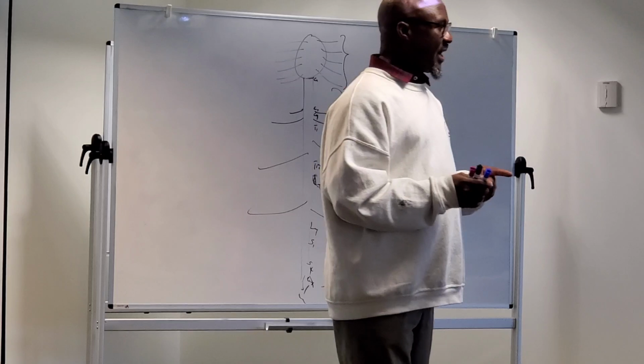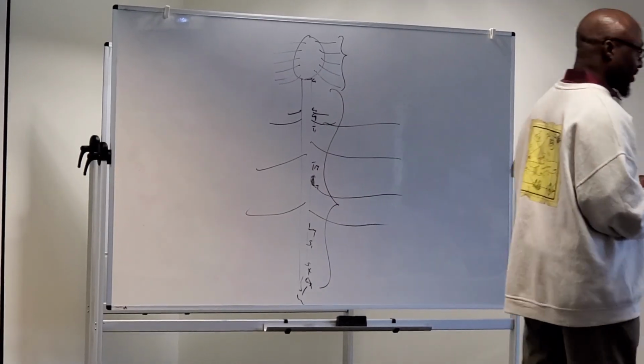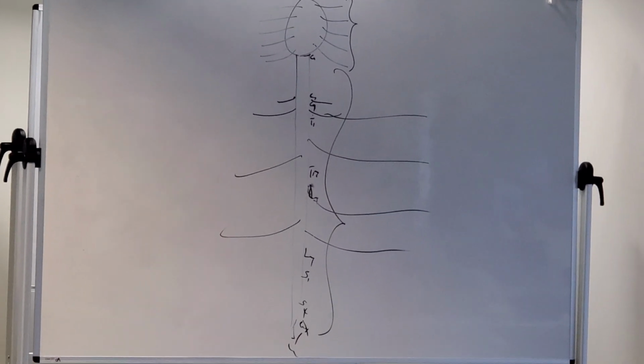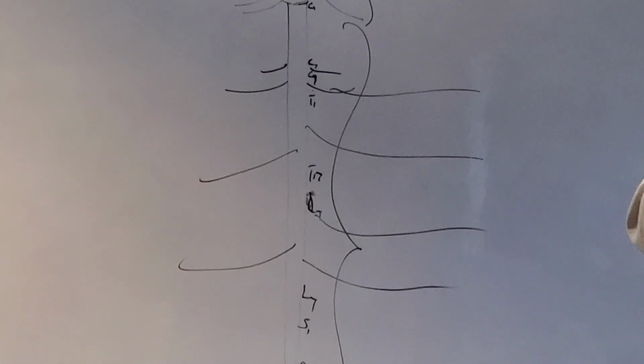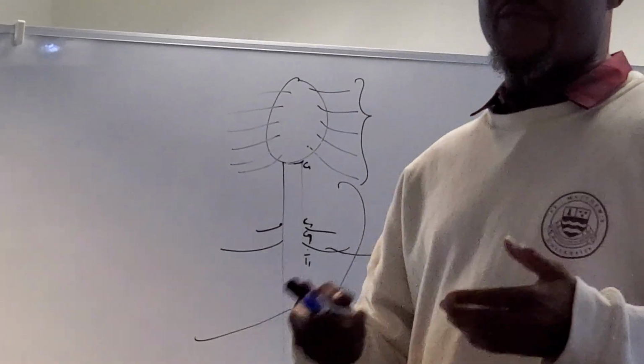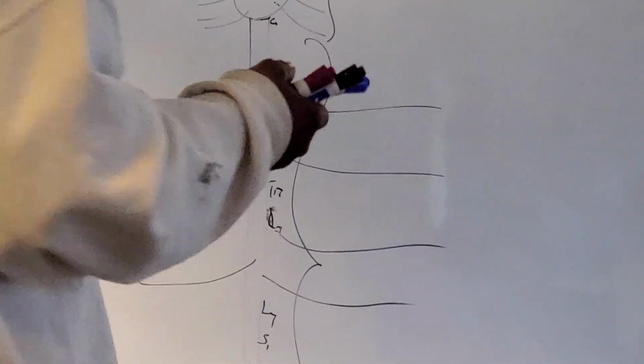Likewise, a general question that can arouse our curiosity: do structures of the head region receive sympathetic innervation? Yes or no? Do some structures of the head region receive sympathetic innervation? Yes. Good. Sympathetic fibers, do they come from the head region?